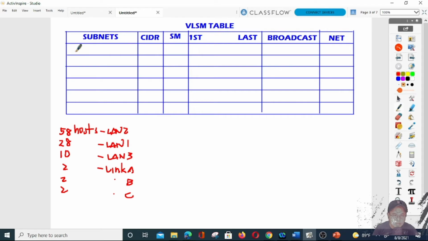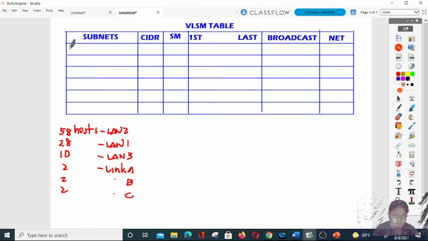We should always start with the original, based on our subnet. The first subnet is 192.168. I need to use blue color.